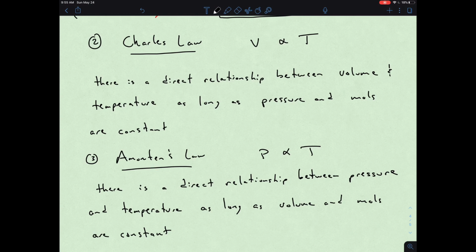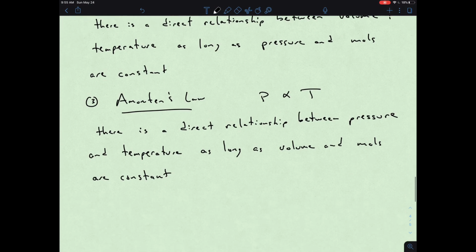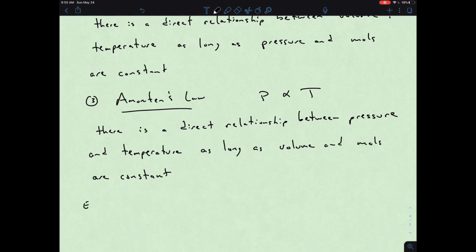Now, with that one video, let's look at an example of Amontons's law. We could talk about maybe a road trip here. So the pressure in your tire is 38 psi.